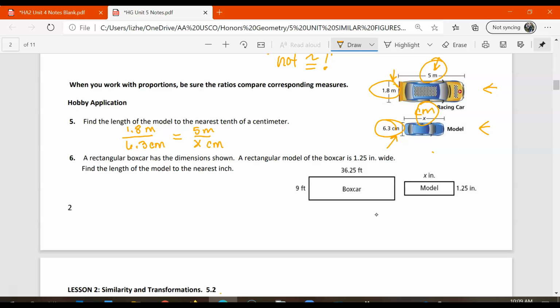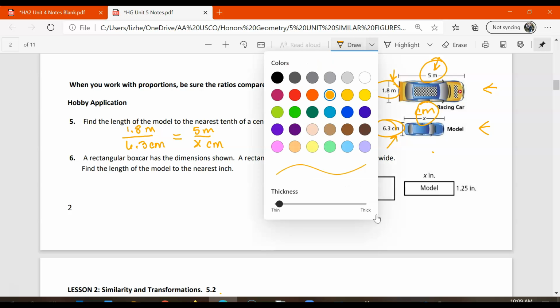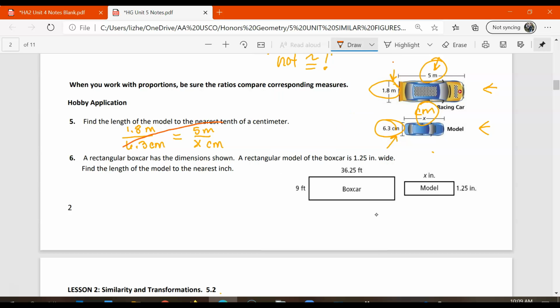Now watch what happens with the units here when I cross multiply. So what I'm going to do is a little cross multiplication. And that gives me 5 meters times 6.3 centimeters equals 1.8 meters times x centimeters.